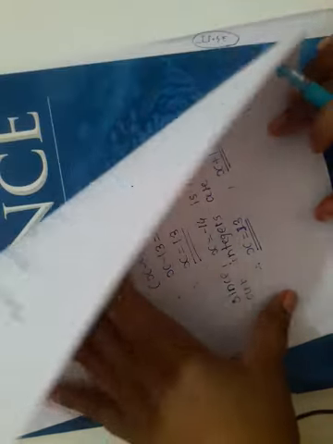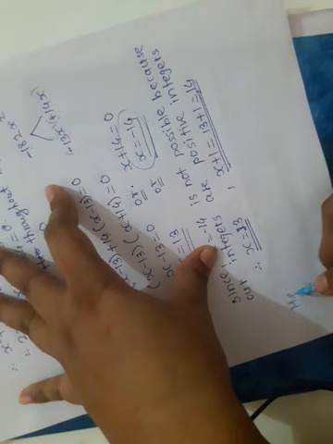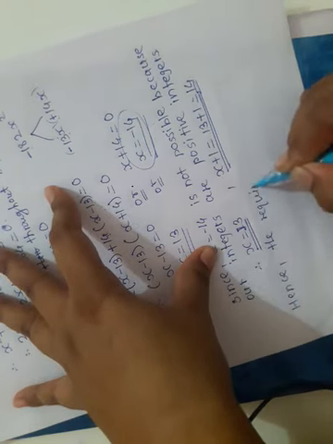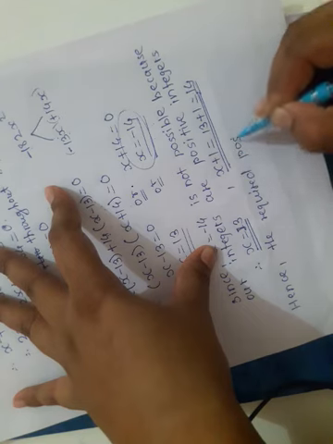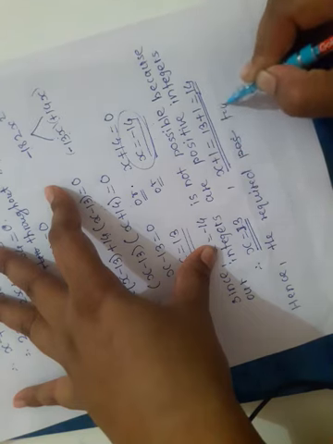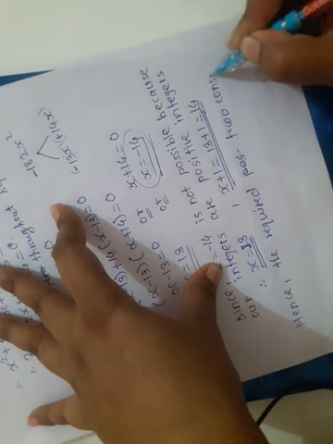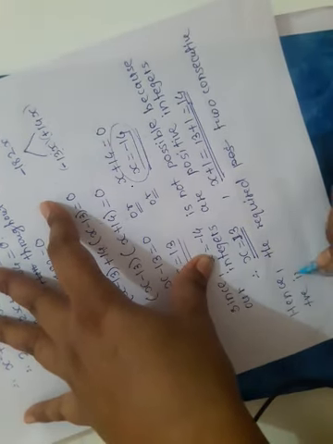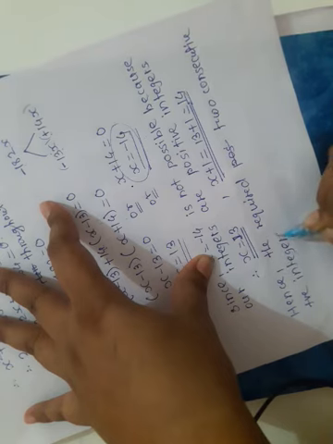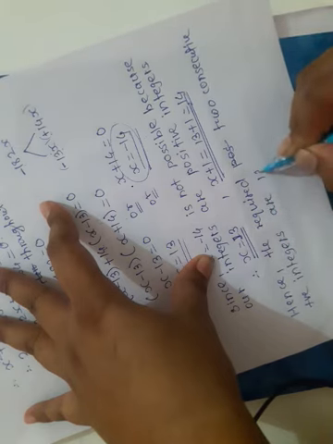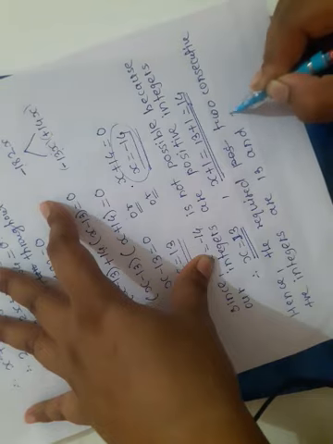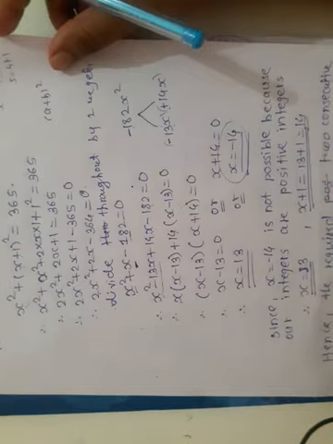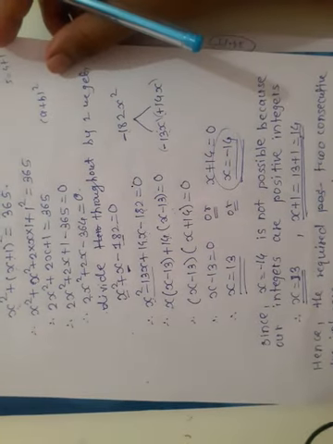So write down the answer: hence the required two consecutive positive integers are 13 and 14. In this way we get the integers as 13 and 14. Thank you.